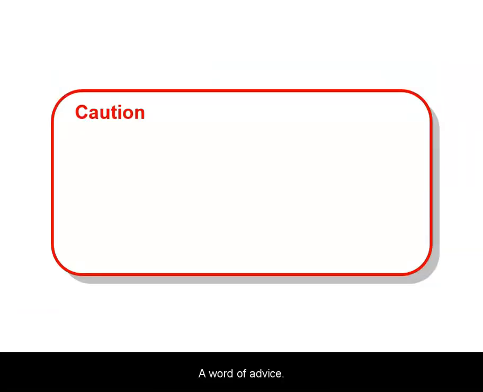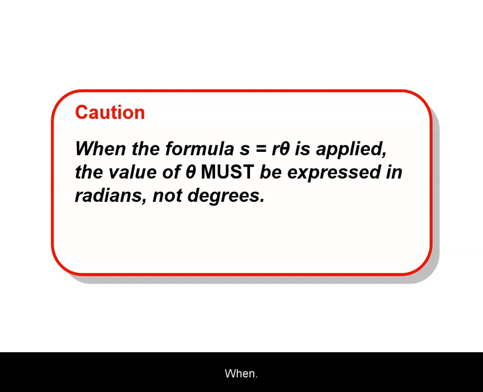So a word of advice: when we use this formula, it has to be in radians, not degrees. You cannot go 360 times R. That's not going to work. It has to be in radian measure, so in terms of pi or in actual radian values, because remember what pi is? Pi is a number, 3.14159 and so on.